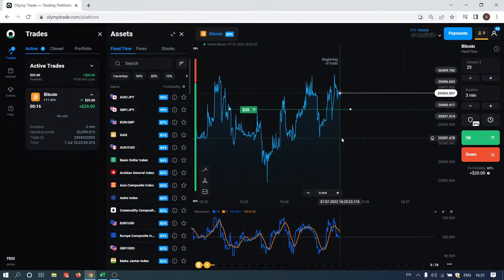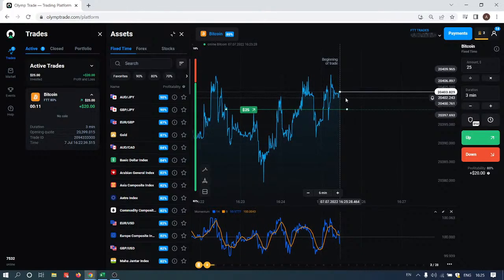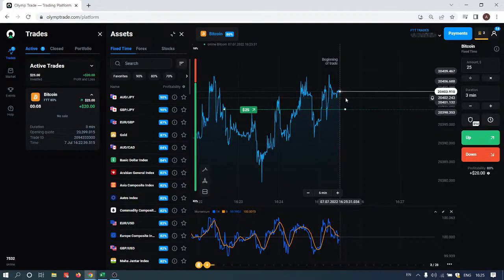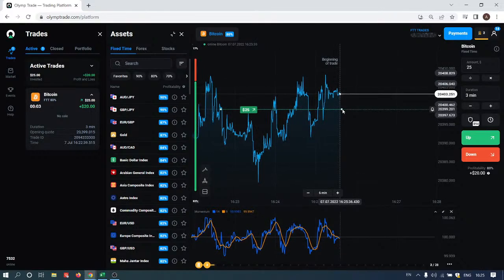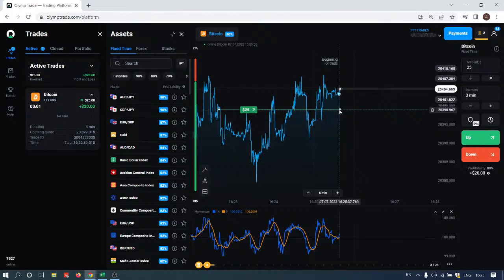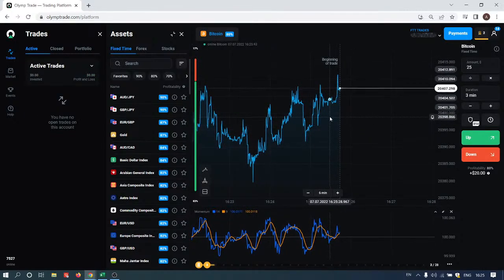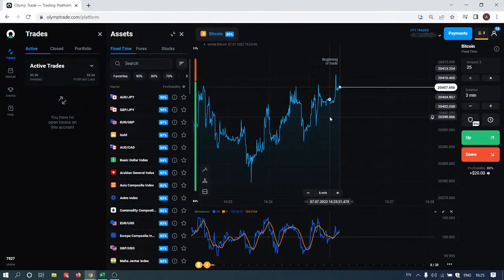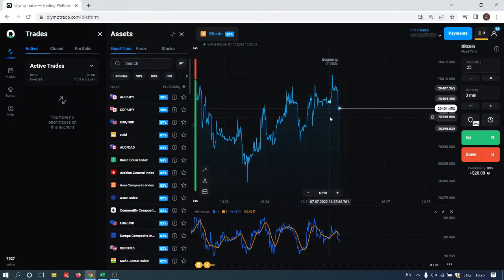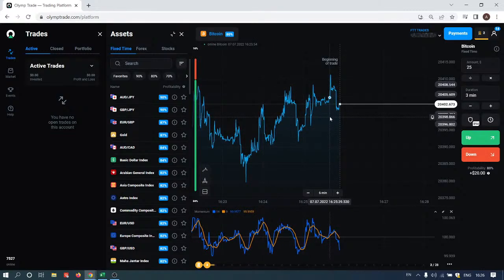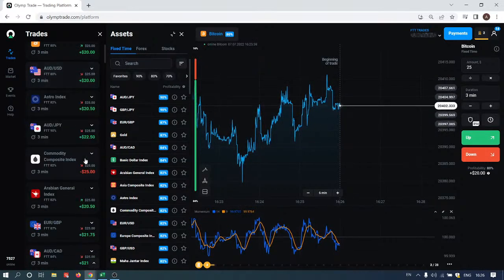In fact, nice, nice. So that's my fourth profitable trade in a row.